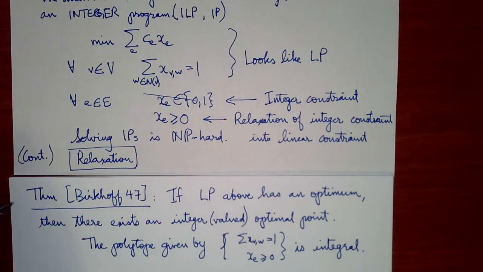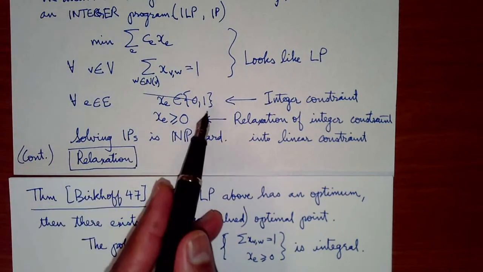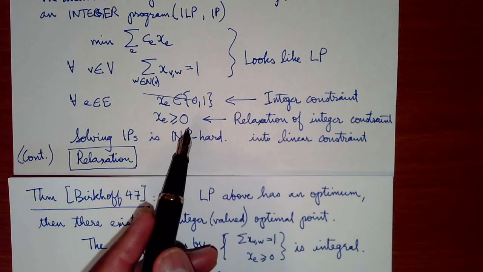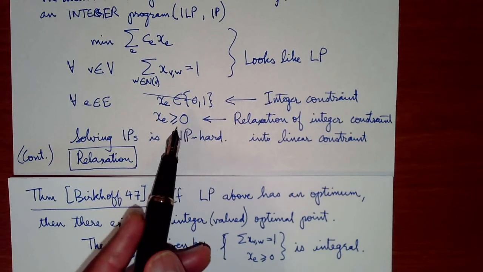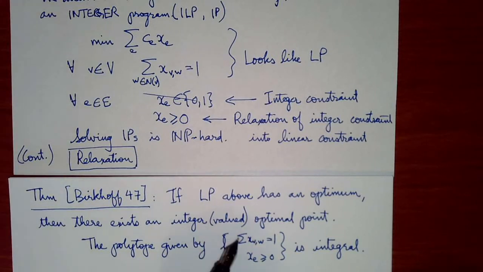But what is important is that you understand what Birkhoff's theorem is saying. It says that even though you replace the integer constraint by a linear constraint or by a continuous variable, somewhat magically, you can always find a solution with integer points.